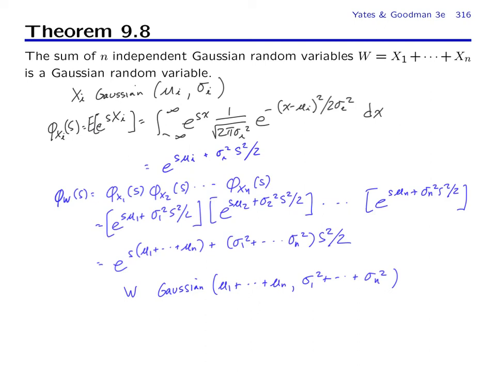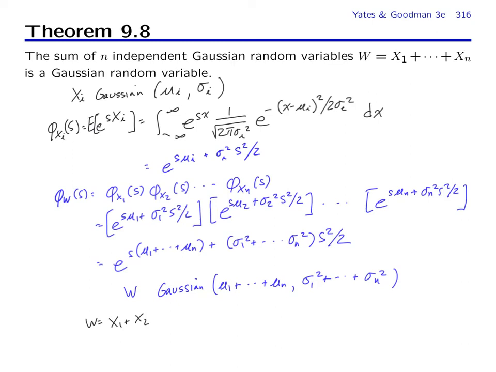But it's important to keep in mind that this result is true for independent Gaussian random variables. Earlier in chapter 5, we stated a result that for W equal to x1 plus x2, where x1 and x2 were bivariate Gaussian, the sum W was also Gaussian.